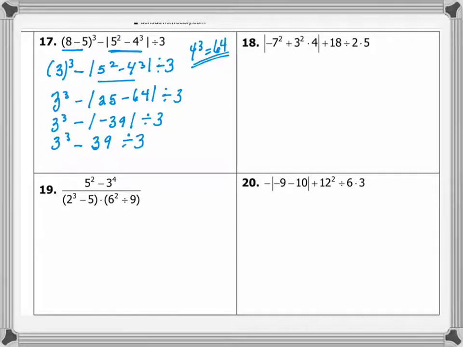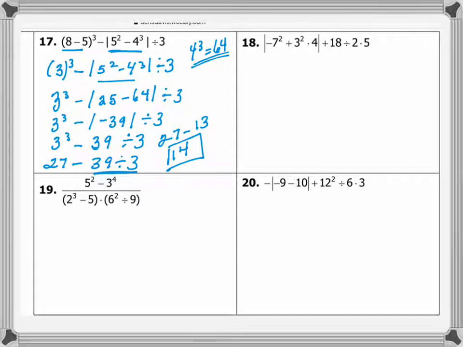All right, exponents next. 3 cubed is 27. So 27 minus 39 divided by 3. Now it's division before subtraction, so it would be 27 minus 13. And 27 minus 13 is 14. So that's the answer for number 17.